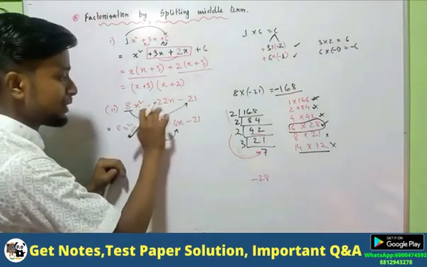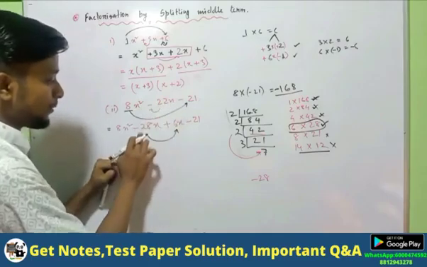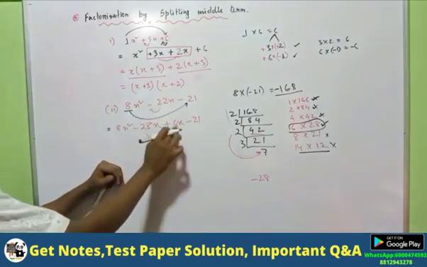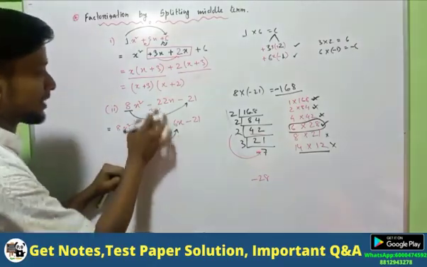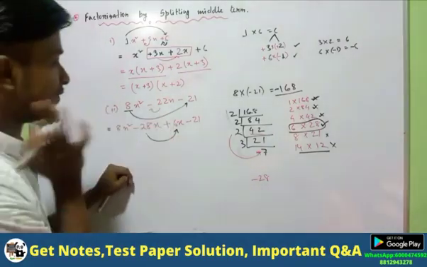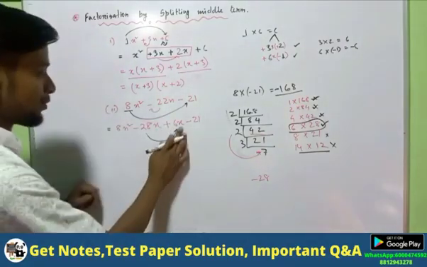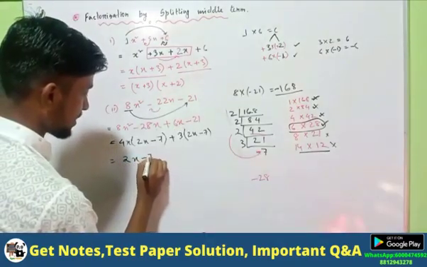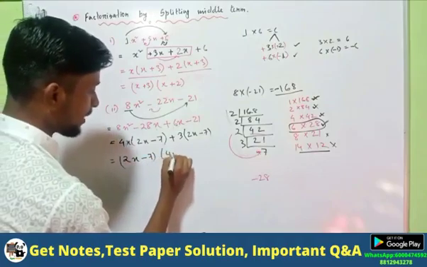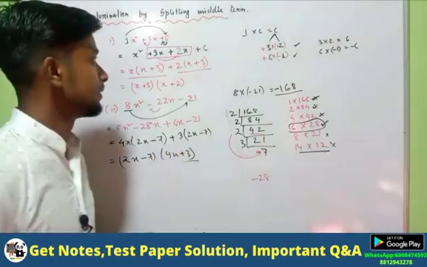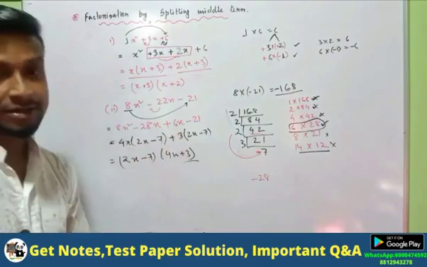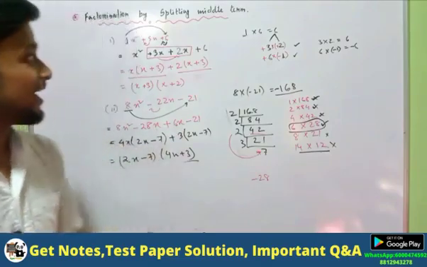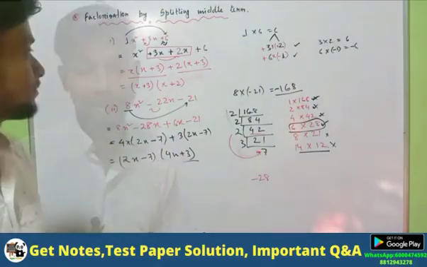We need minus 22 in the middle, and here also operating minus 28 and plus 6, you will get minus 22. So our first step is correct, right? So we can continue now. We will have twice x minus 7 and 4x plus 3. It is very interesting and very simple, right? And it is very important too, right?